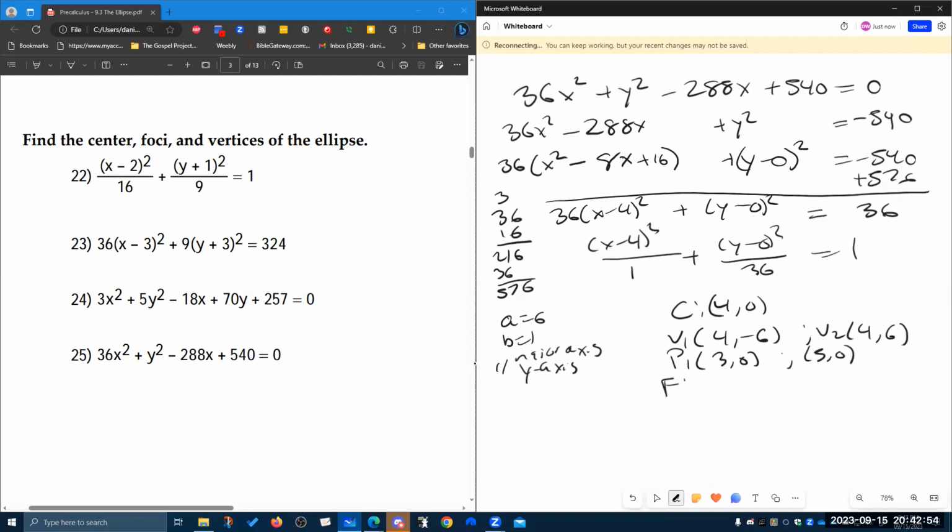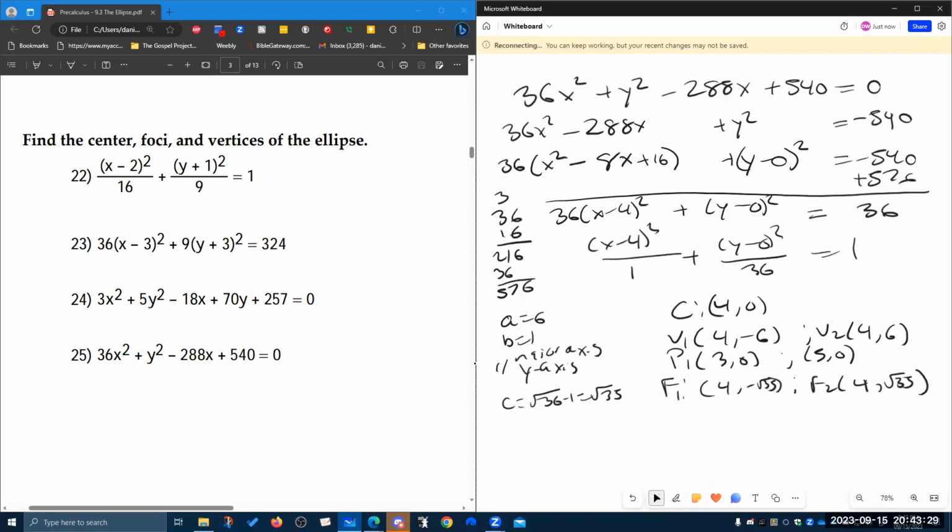And my foci: c squared is 35. C is root of 36 minus 1, so root 35. This is vertical, so (4, negative root 35) and (4, positive root 35).